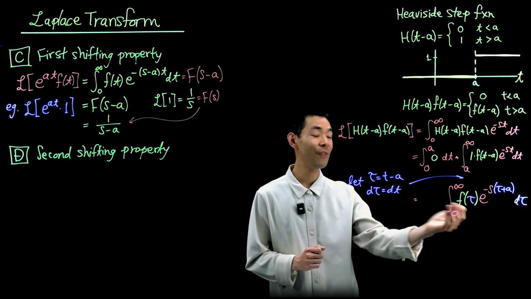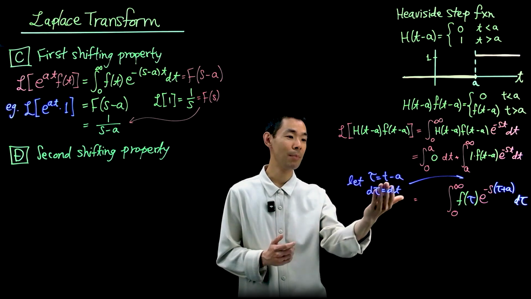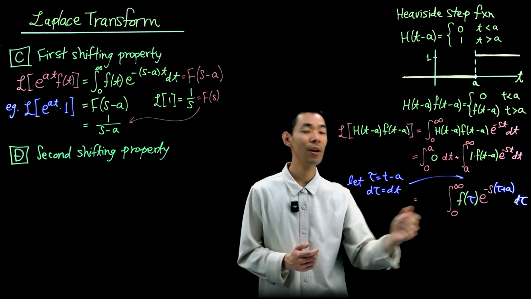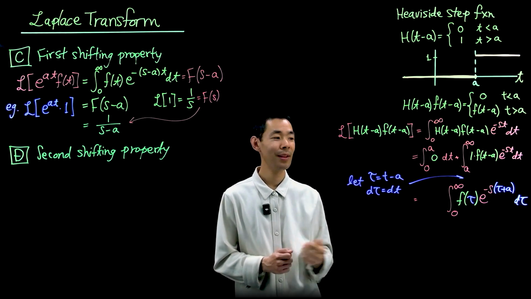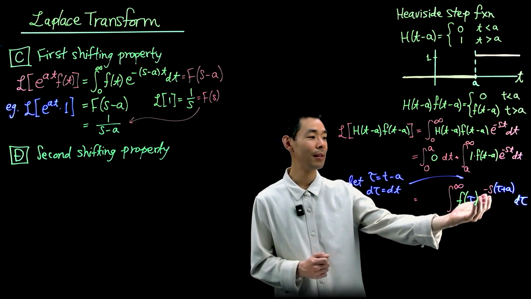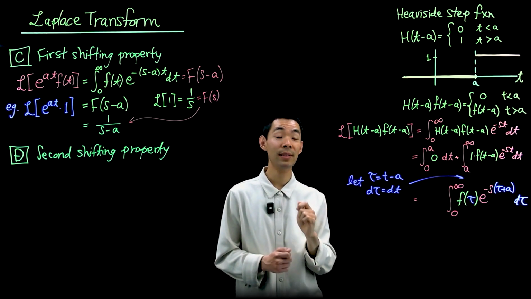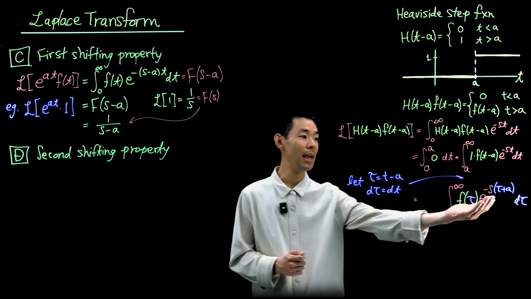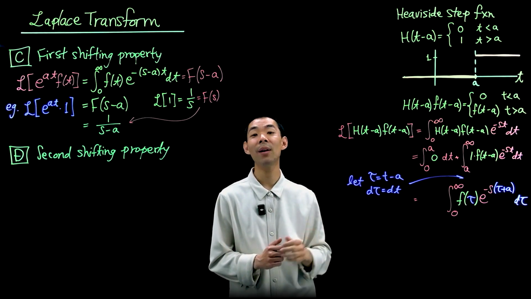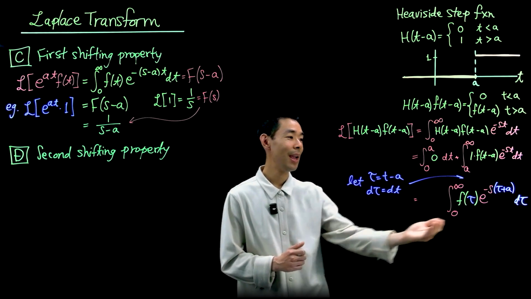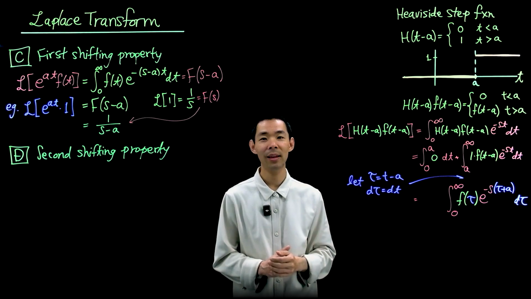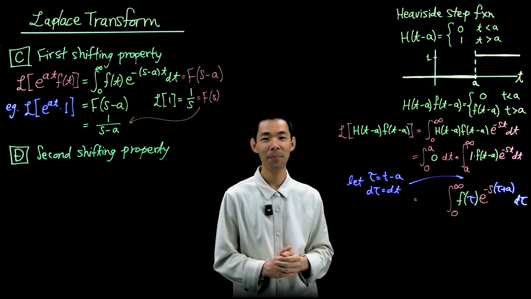First term, f of the argument tau now, simply because we've replaced t minus a with the new variable tau. Inside the integral, e to the negative s, again, I've replaced t with tau plus a, so I just swapped out the t with tau. And lastly, the differential d tau.